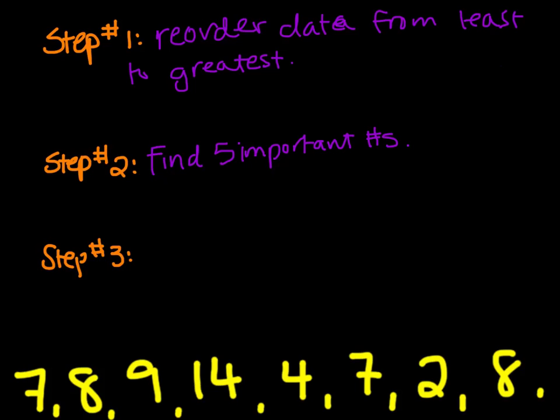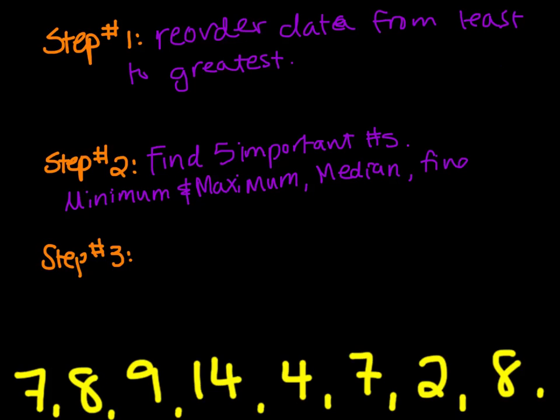Those important numbers are the minimum and the maximum of the data, finding the median, and finding the Q1 and Q3, and these are upper and lower, actually I should say lower and upper, I'm going to rewrite that, lower and upper quartiles.